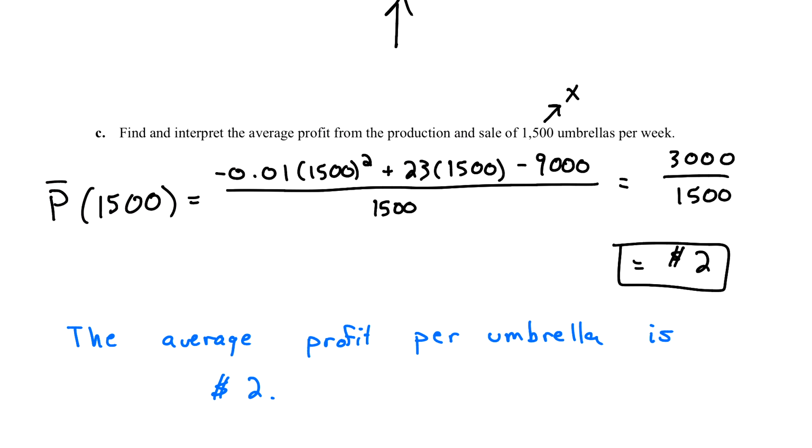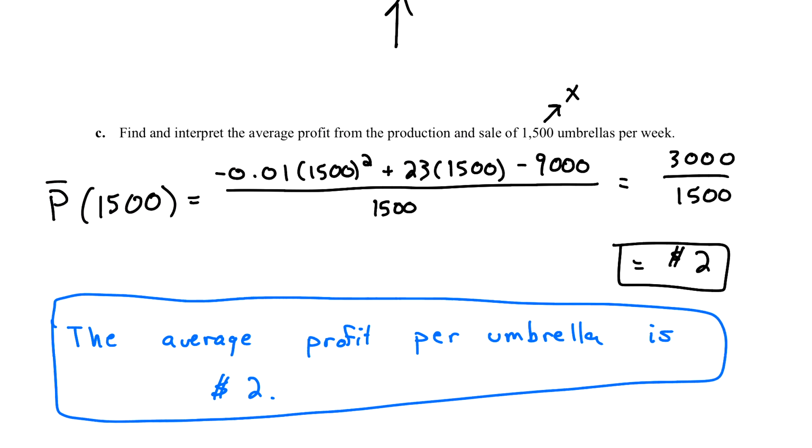So that means for each umbrella that I sell, I'm making a profit of about $2. And that's really all I need to do to interpret the average profit. Average revenue and average cost would be interpreted much the same way. We can just swap out that word profit for revenue or cost, depending on what the problem's asking us for.